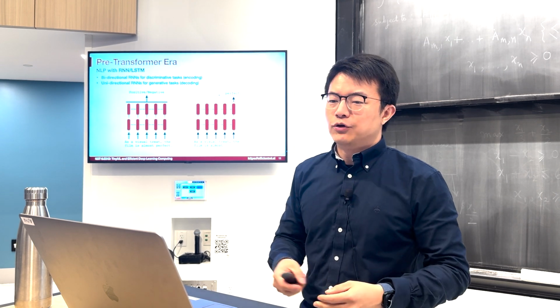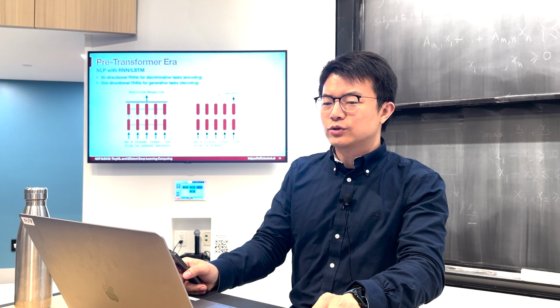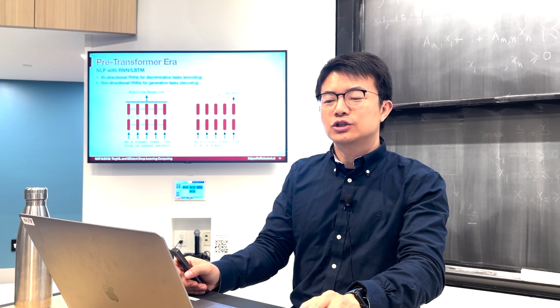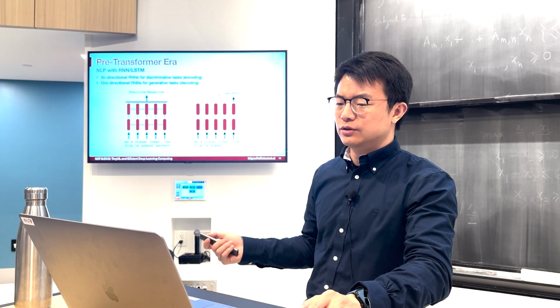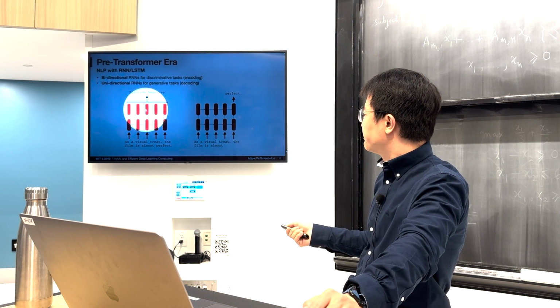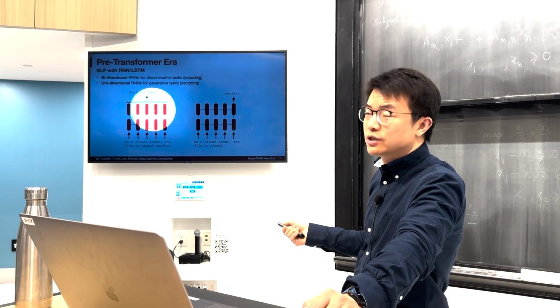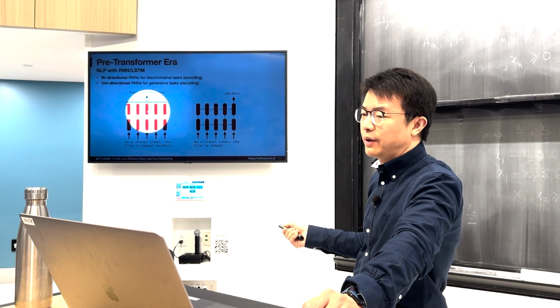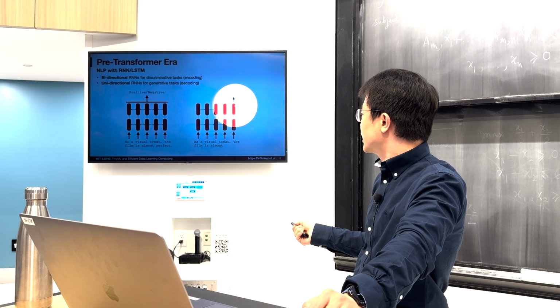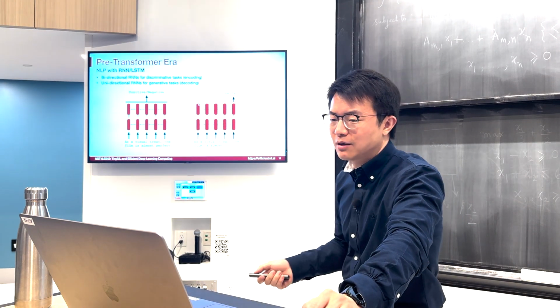For RNNs and LSTMs, there are also 2 categories: one is bidirectional, one is unidirectional. For the bidirectional LSTM, each token here can see both the previous state and also the future state. That's why we call it bidirectional. Versus unidirectional, where at each time step we can only see the previous time step.